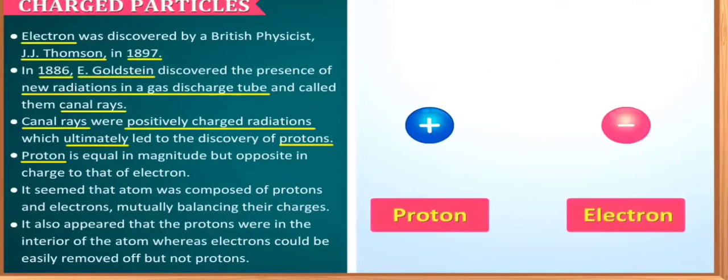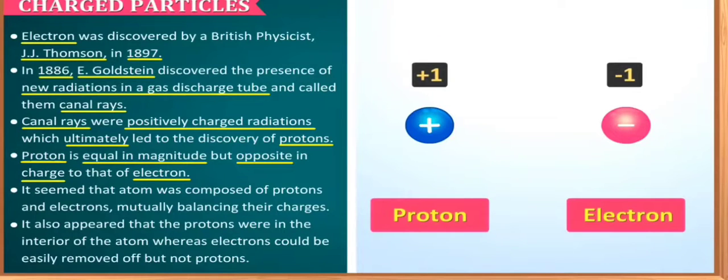Protons also have a charge. This charge is equal to the magnitude of charge on an electron, but its nature is opposite to that of the electron. The charge of the electron is -1 and the charge of the proton is +1.